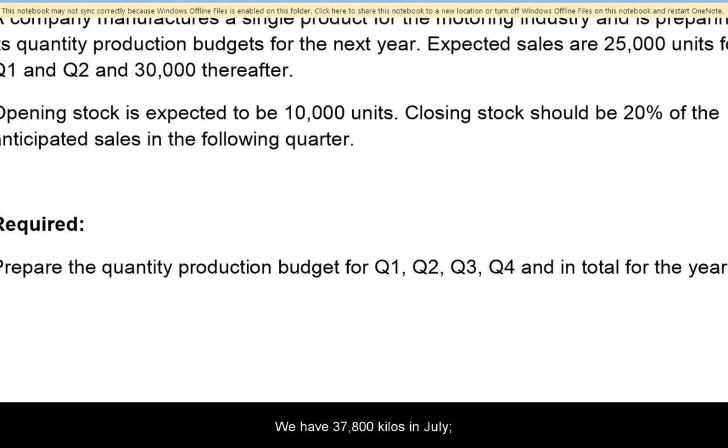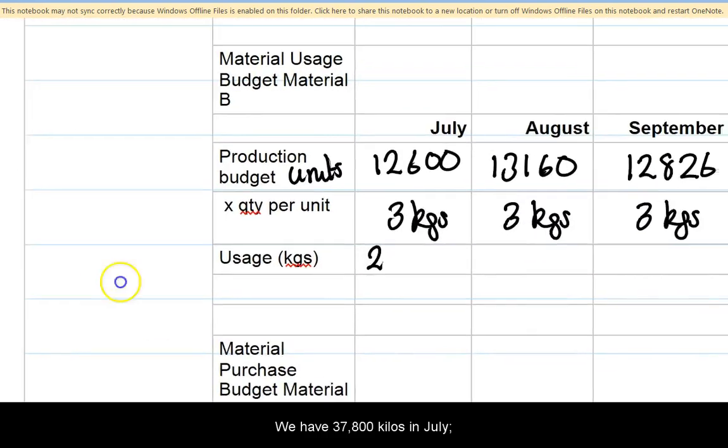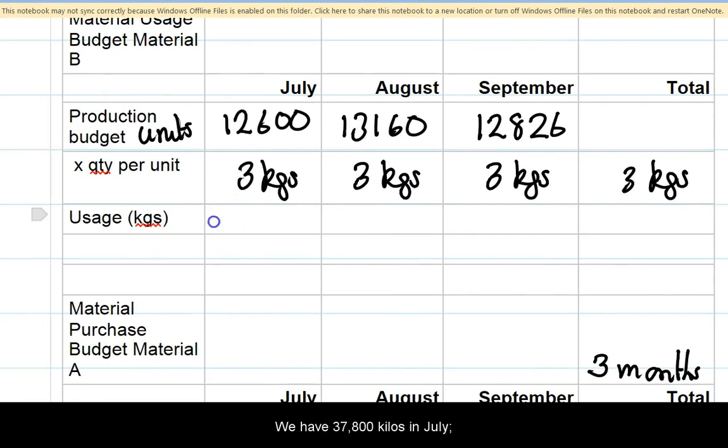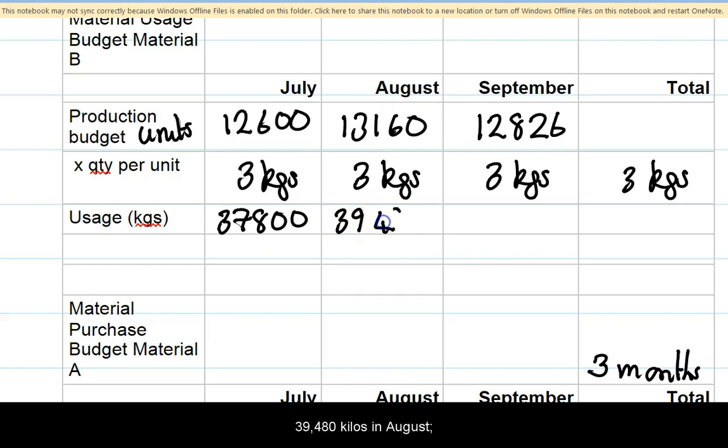So we have 37,800 kilos in July, 39,480 kilos in August, 38,472 kilos in September.